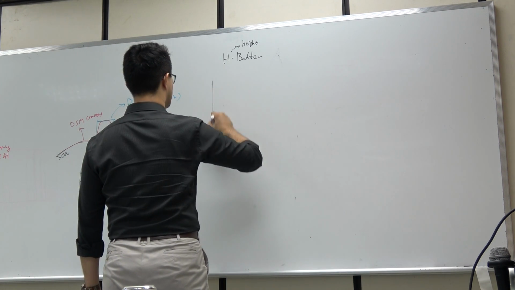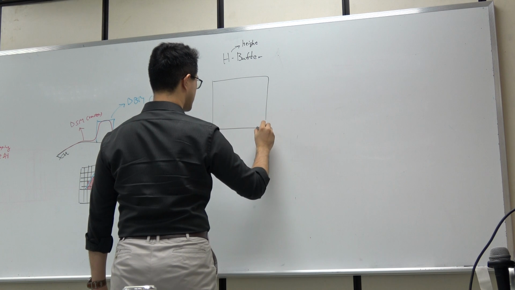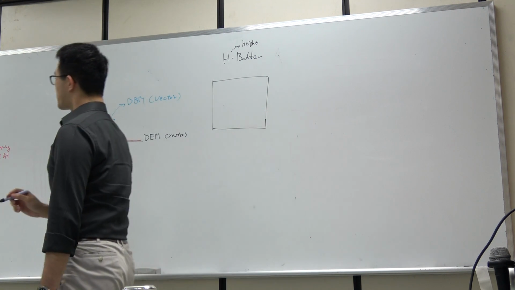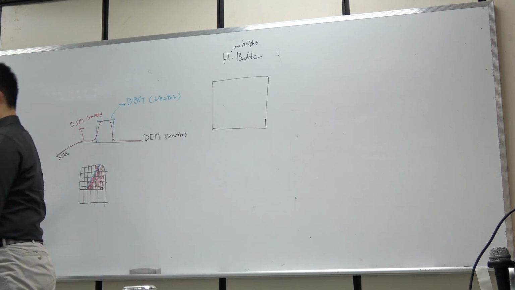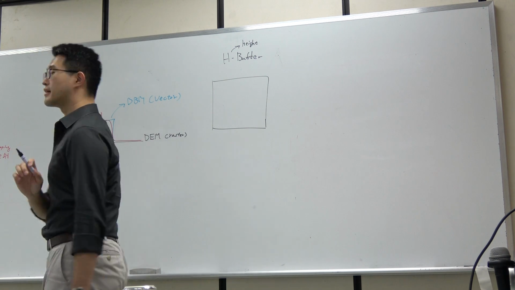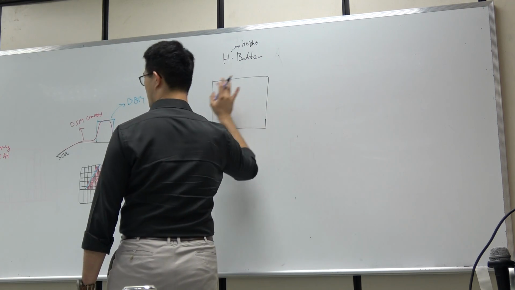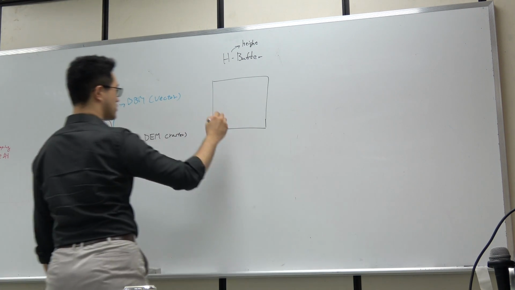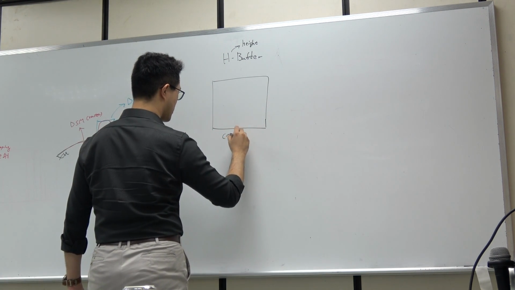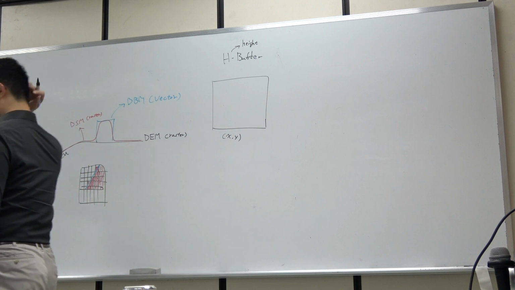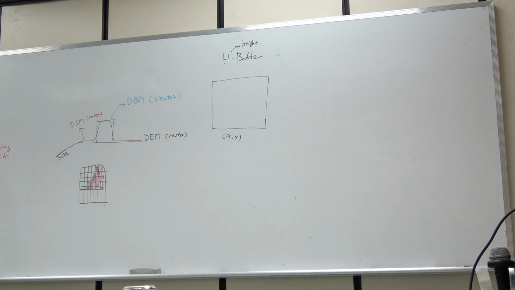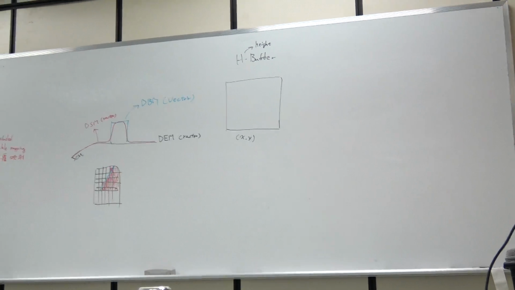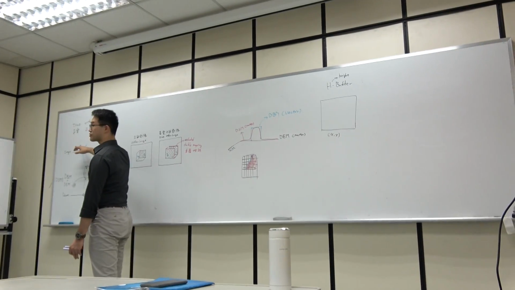H buffer means that before you perform the occlusion detection, you need to prepare one piece of data called the H buffer index. This is the coordinate system of the image, x and y. The procedure is to reproject all the points back to the image.